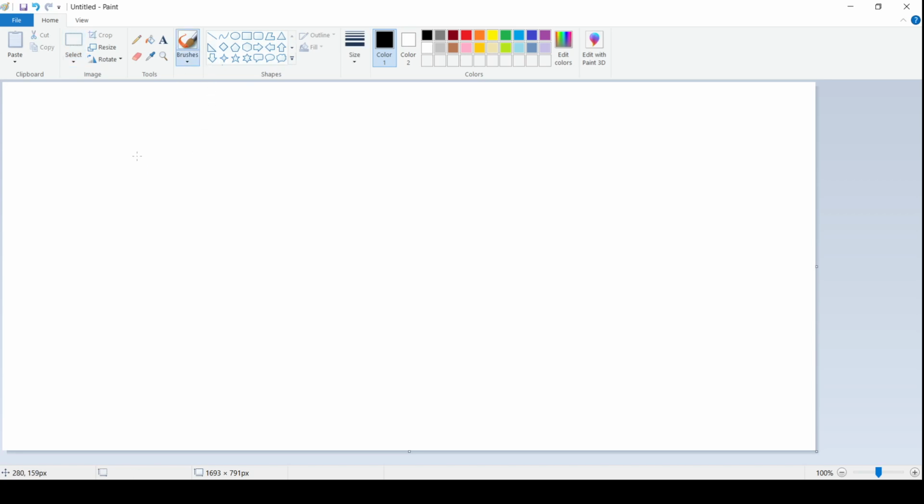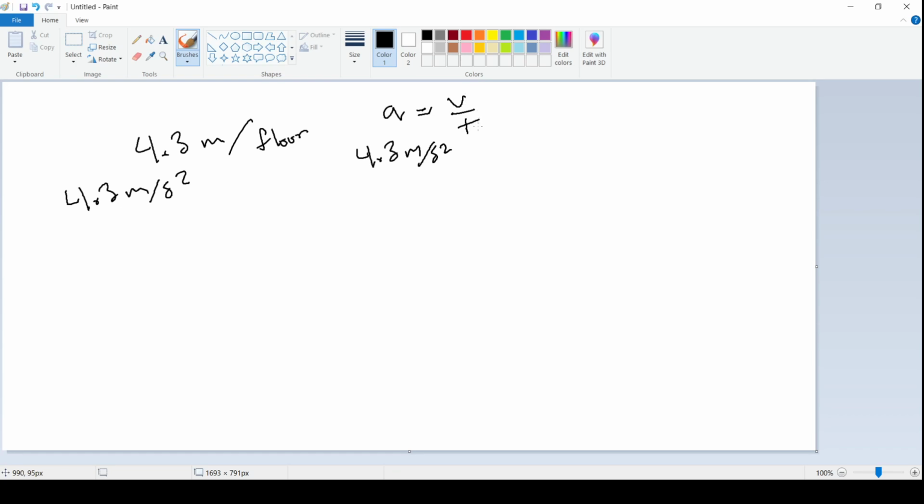Alright? So what you can do is take, okay, 4.3 meters per floor. That means 4.3 meters per second squared, right? You can take that and you can use another equation, right? So you have the current ratio of acceleration, which is 4.3 meters per second squared, right? Which is acceleration equals v over t, right?